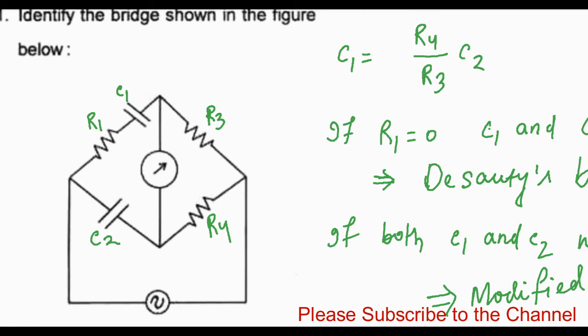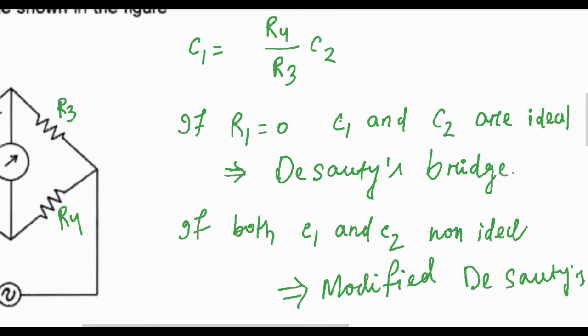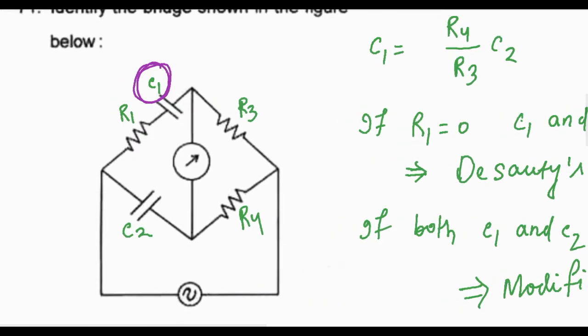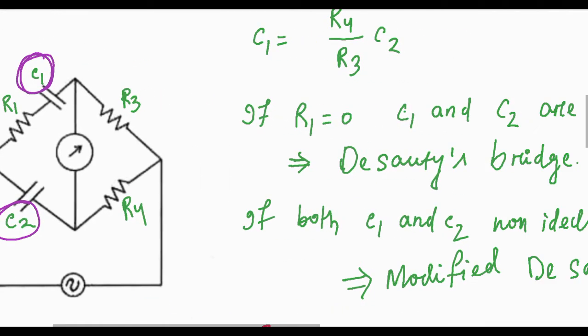For this I have termed C1, C2 and all the namings, and if we want to find out C1, it will be equal to C4 by C3 into R4 by R3 into C2. If R1 is equal to 0, C1 and C2 are ideal because no resistance is given in case of C2, and this will be de Sauty's bridge.